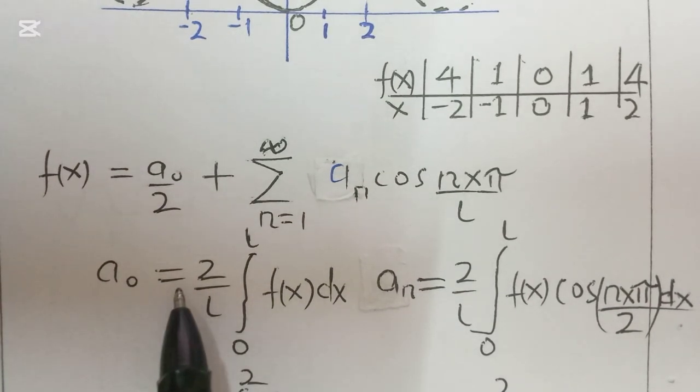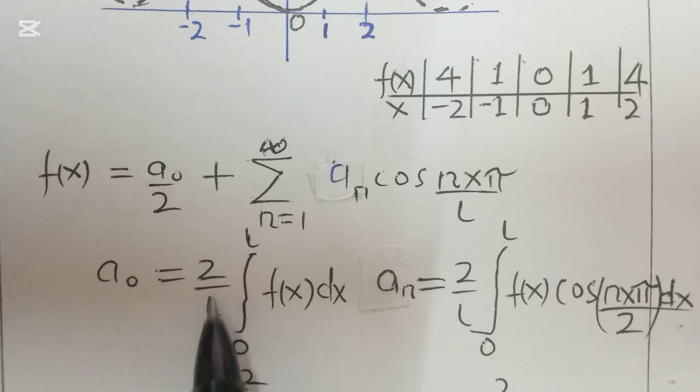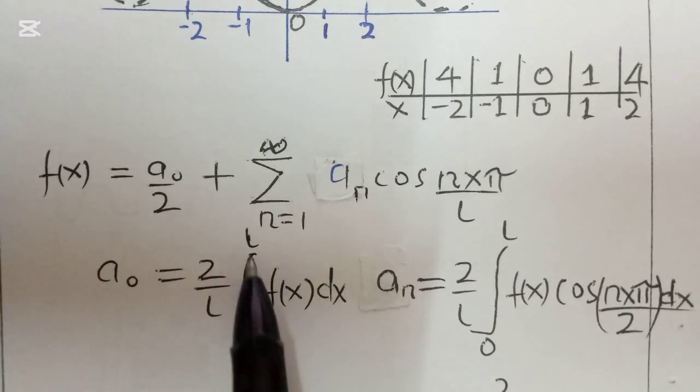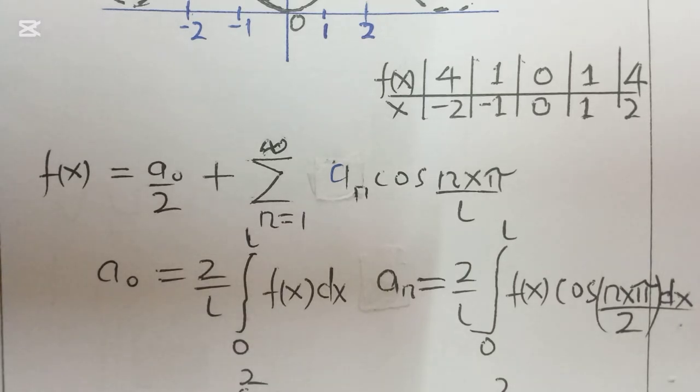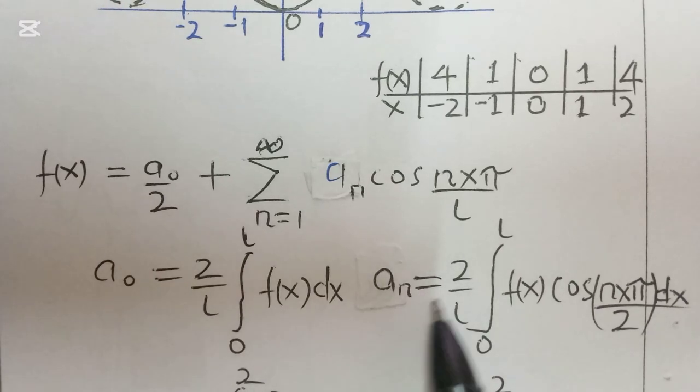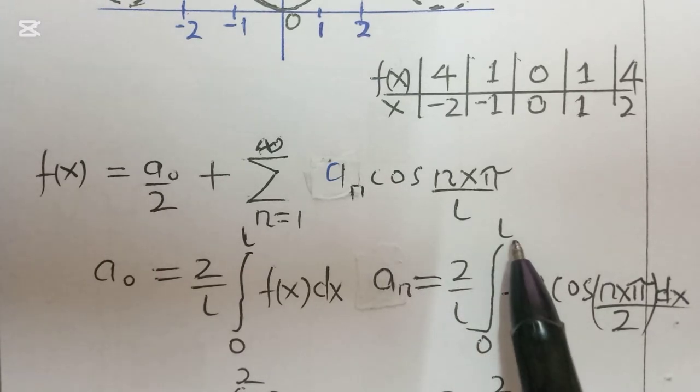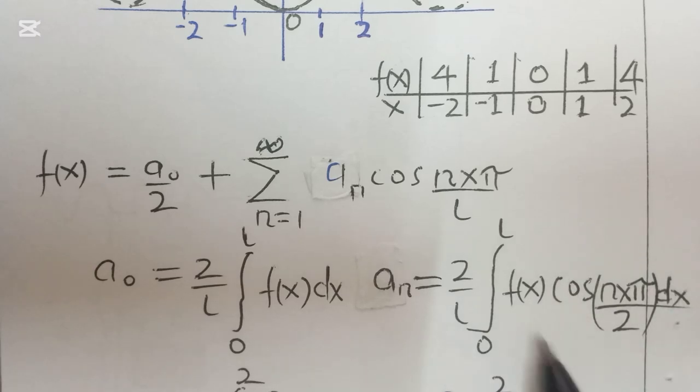For a0, it's 2 over L, integral from 0 to L of f(x) dx, and then an equals 2 over L, integral from 0 to L of f(x) cos(n pi x over 2) dx.